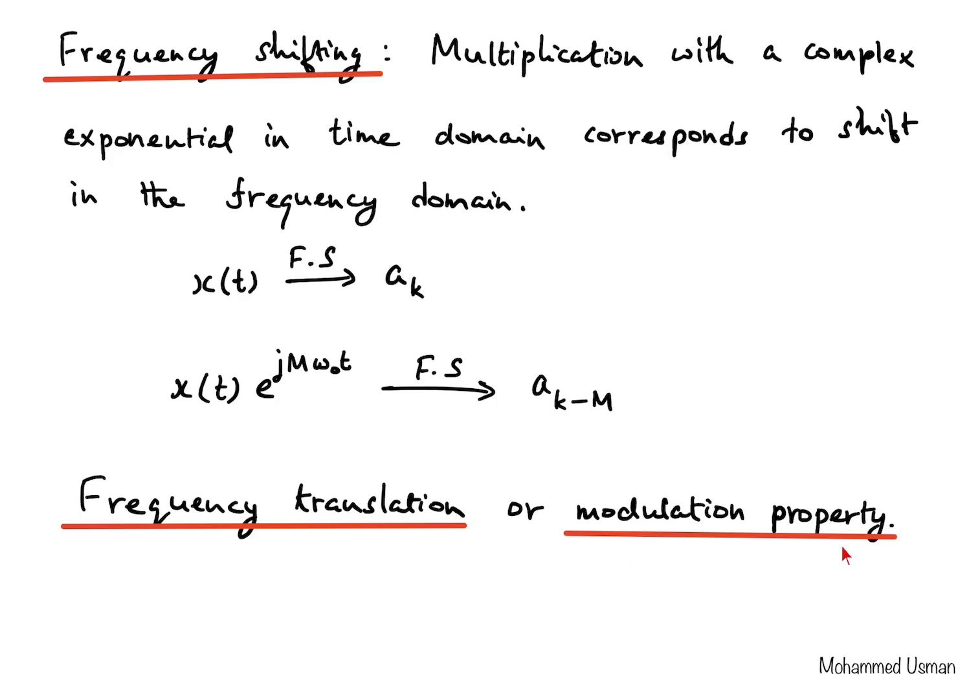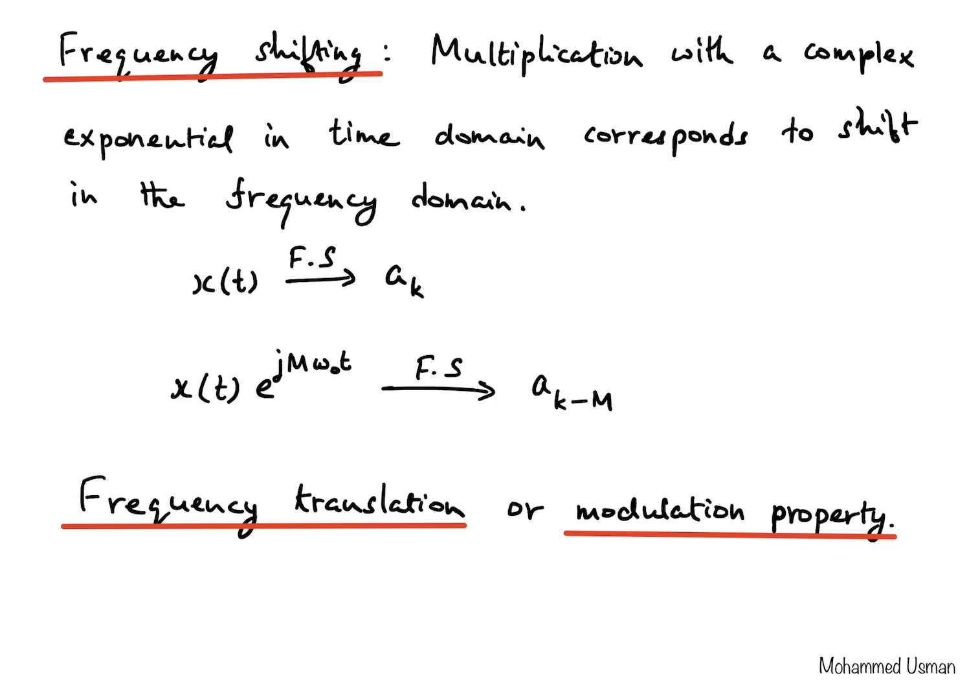This is a concept that we'll use in future courses at higher levels, where you study communication systems and in which you will study modulation and so on. So this is an important property that will be handy if you have a clear understanding of it. It will be useful in future courses when you talk about communication systems and analog communications, where you will study modulation of signals for communication purposes.